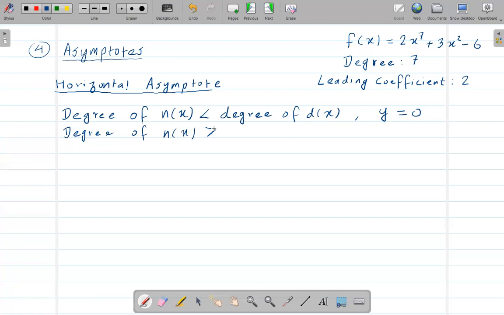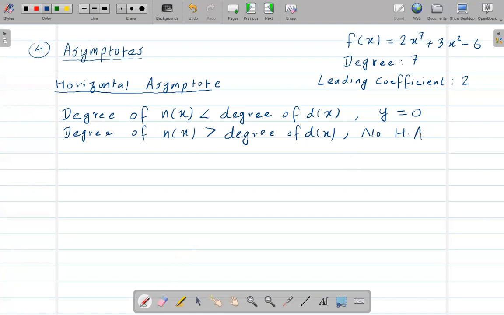Yes, that's right. If the degree of the numerator is greater than the degree of the denominator, then in this case there is going to be no horizontal asymptotes. Again, I'm writing the short form.